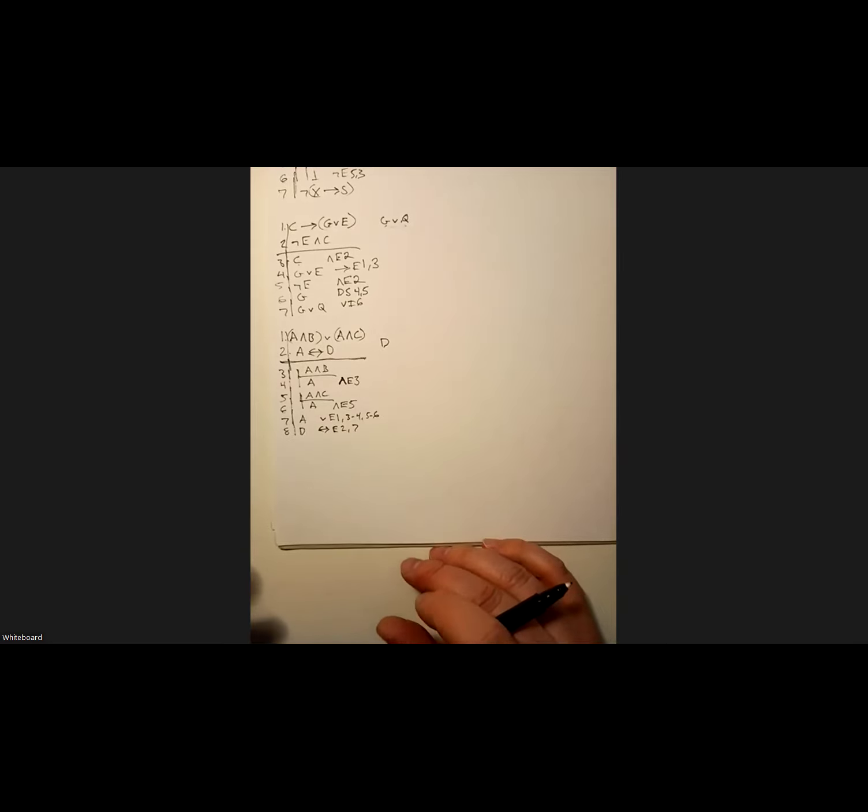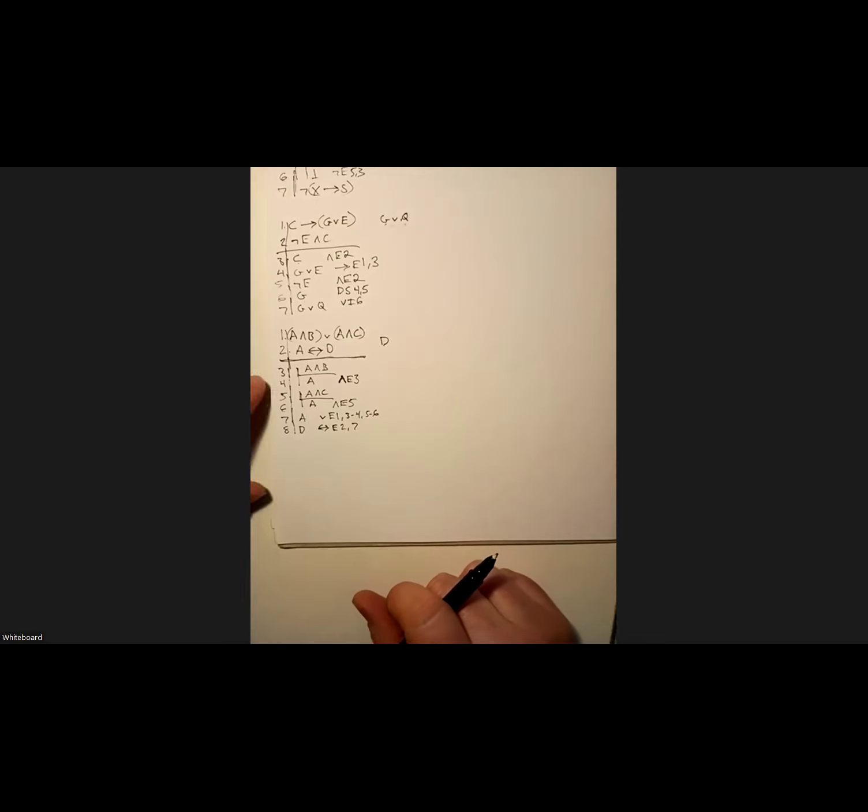Note a kind of neat little thing here. We did it so that we got A using disjunction elimination. But what's another sentence we could have got inside these subproofs?